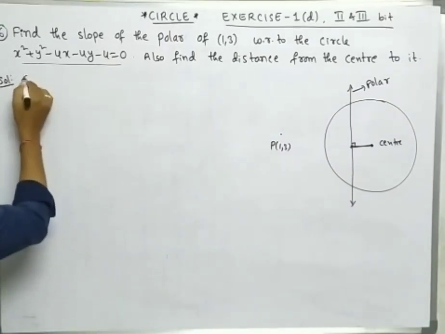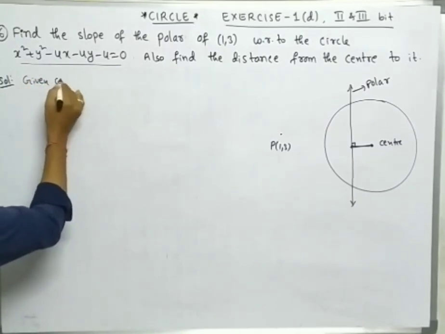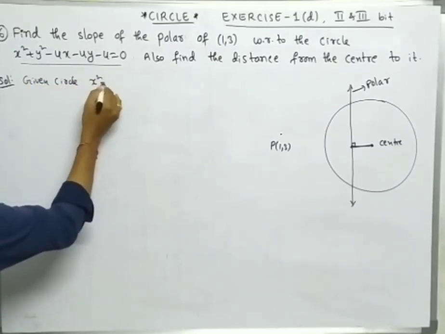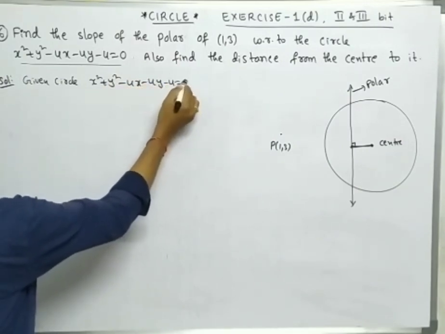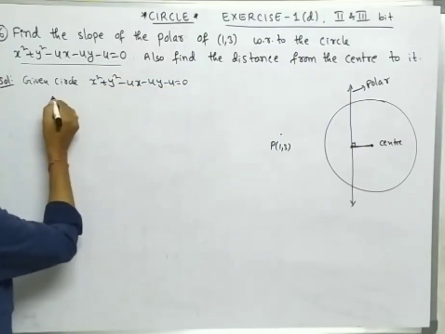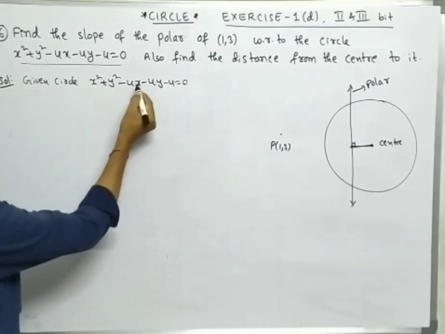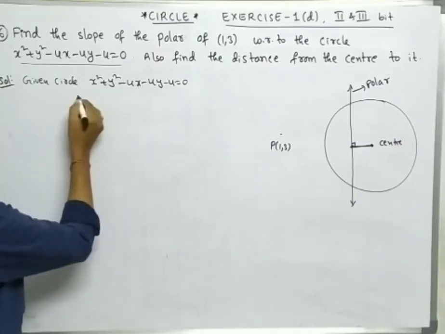First of all, the given circle is x² + y² − 4x − 4y − 4 = 0. Immediately compare with x² + y² + 2gx + 2fy + c = 0.